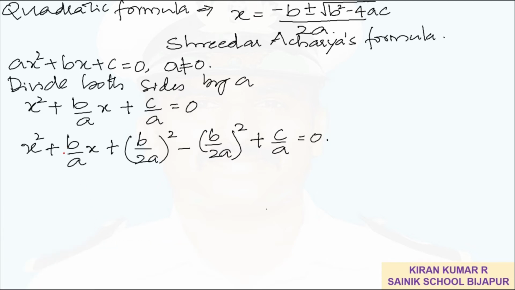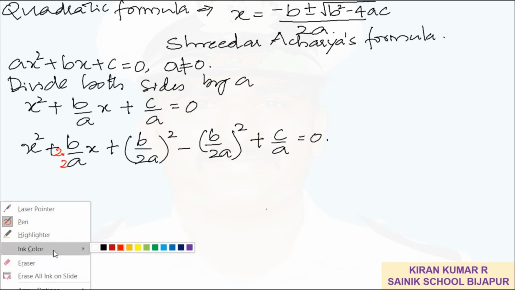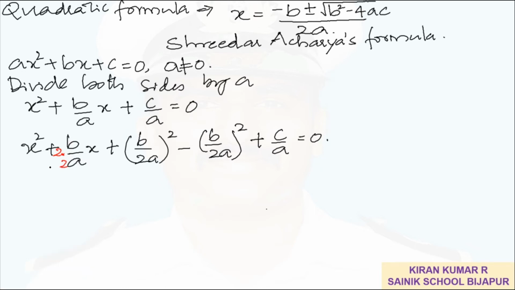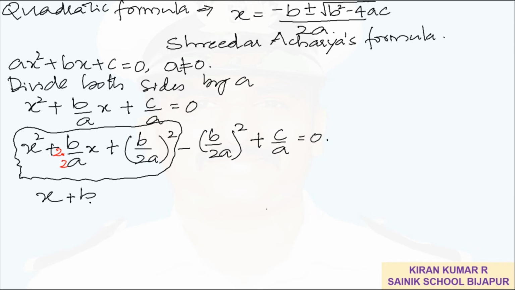I will write this as 2 times b by 2a. I have done this so that it clearly becomes an a square term, a 2ab term and a b square term.